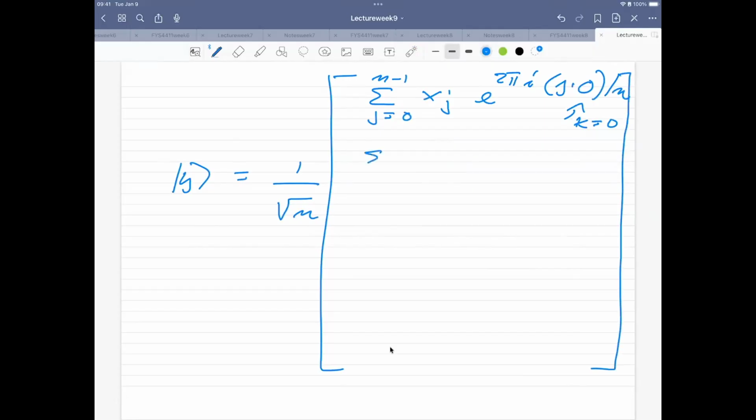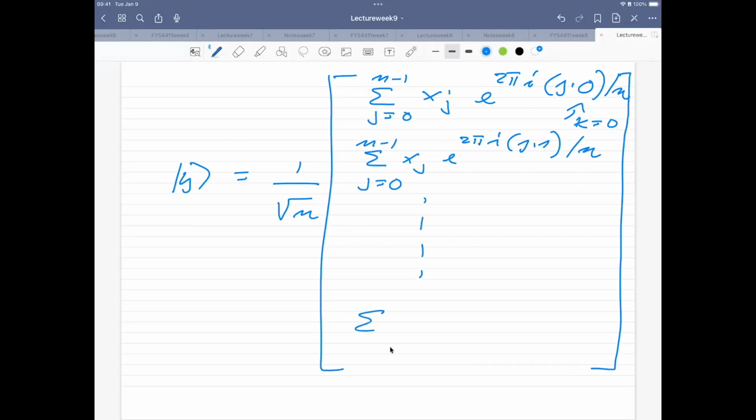Then I have the next one, which is the sum from j equals 0 up to n minus 1 of xj times e to the 2 pi i, and then I have j times 1, because k is equal to 1 in that case, divided by n.